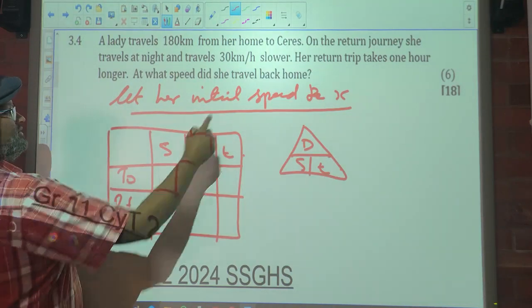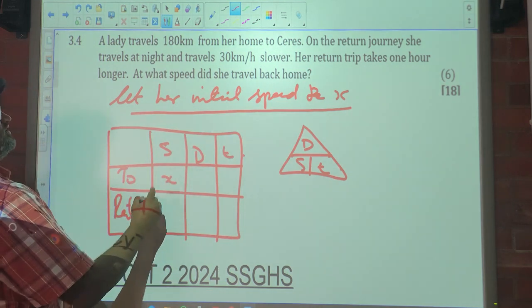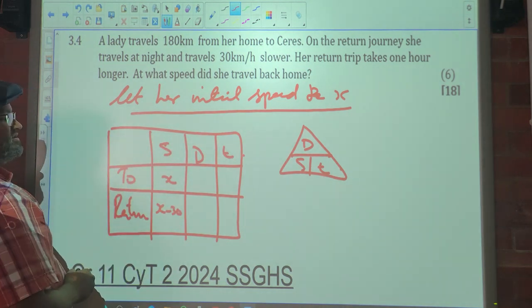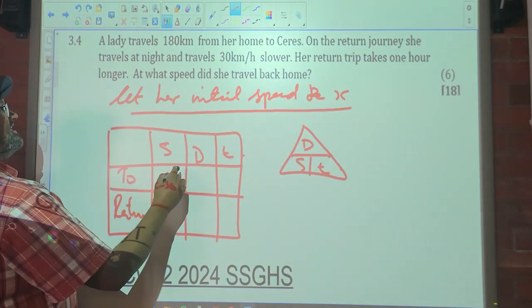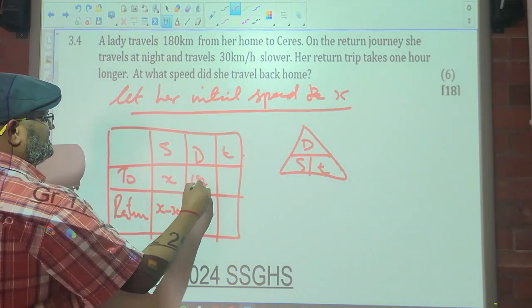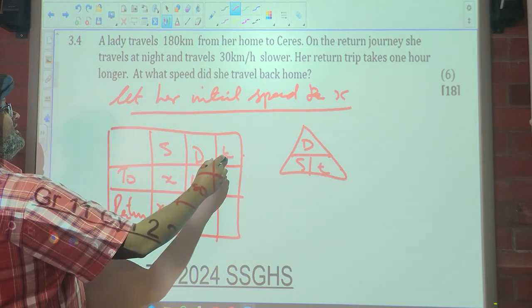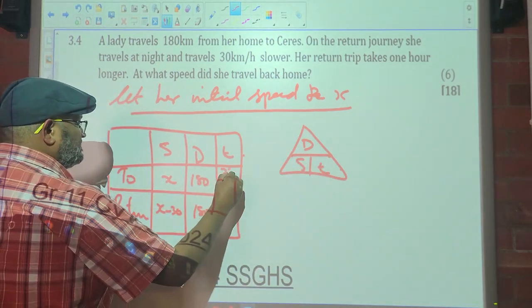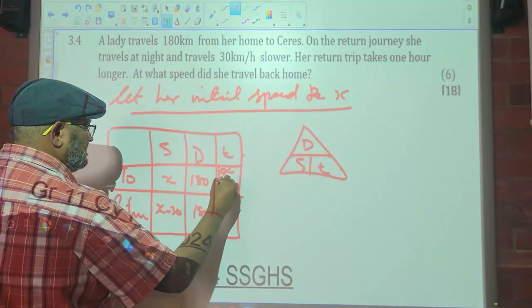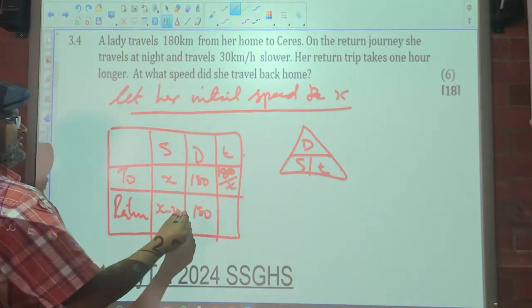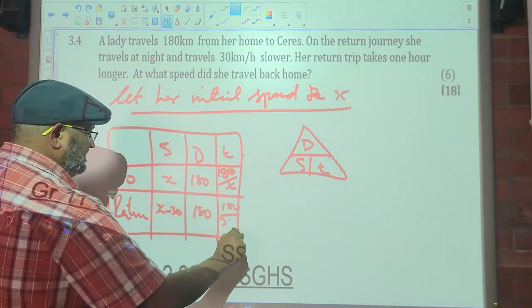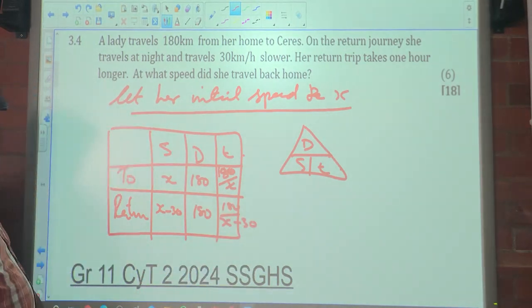You let the initial speed be x. If she's traveling home 30 kilometers slower, it's x minus 30. The distance covered back and forth is 180. The time taken, time is distance over speed, so it's 180 over x. The return journey, distance over speed, is 180 over x minus 30.